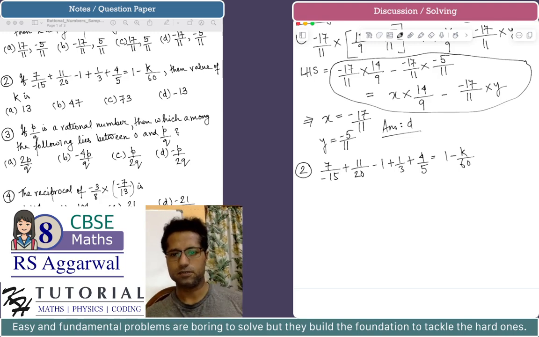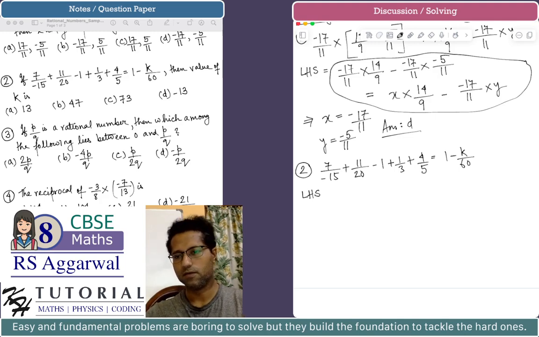I already discussed in a previous lecture video that whenever you have addition and subtraction of three or more rational numbers, you always try to group those rational numbers whose denominators have a common divisor which is not equal to 1. Let's do it in a straightforward way. I will evaluate the left hand side, and whatever rational number I get, from there I will proceed further to solve for k.